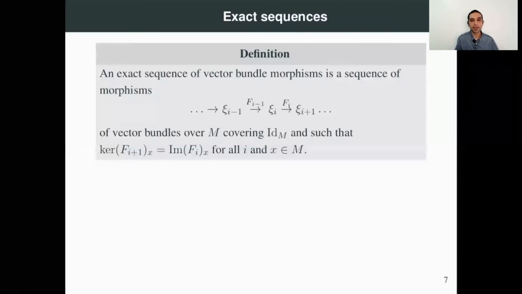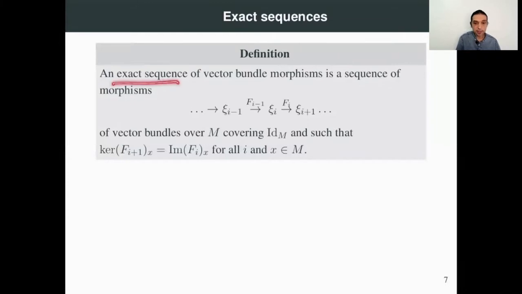Let us define exact sequences. So an exact sequence of vector bundle morphisms is a sequence of morphisms of vector bundles, where all the vector bundles are over M, and they cover the identity map, such that for every x, we have linear morphisms between the fibers, and what we get is that the kernel of this morphism at x is the image of the previous one also at x, okay?